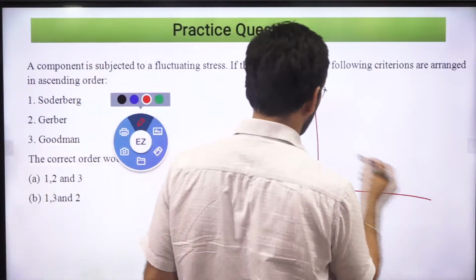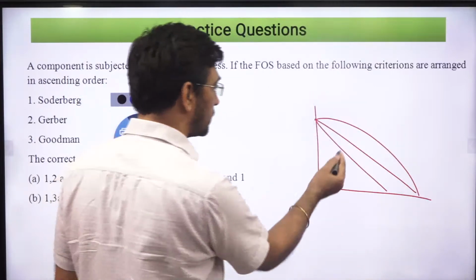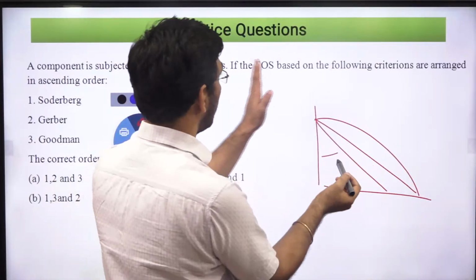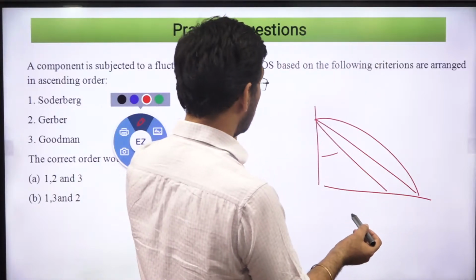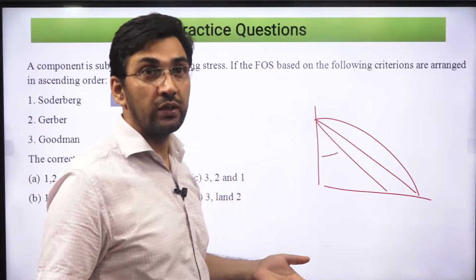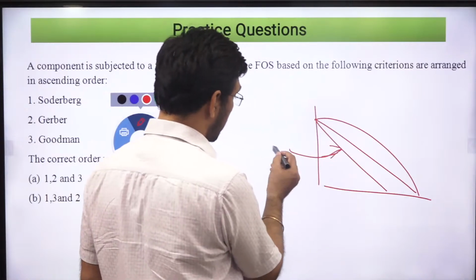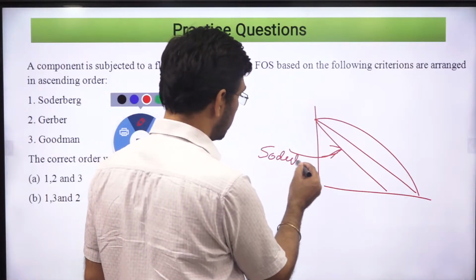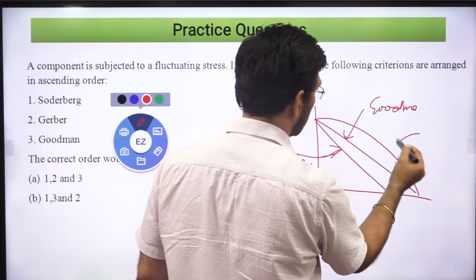So you already know that this is the least safe, followed by this one. So if the factor of safety based on the following criteria are arranged in ascending order, ascending means the largest factor of safety you will get in which one? In the Soderberg. You are safer. Soderberg, then Goodman, then Gerber.